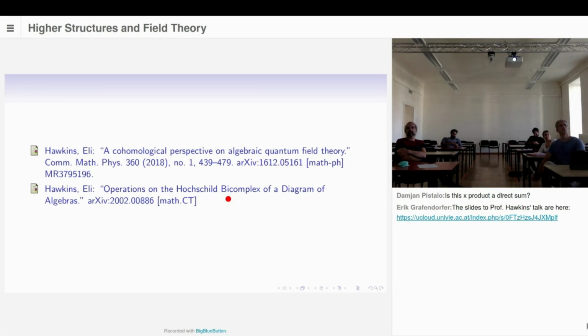And then I have a much more recent paper in which I constructed these operads and their actions on the bicomplex and these morphisms, and I checked a lot of signs, but they all worked in the end. That's the more recent paper, Operations on the Hochschild bicomplex of a Diagram of Algebras.